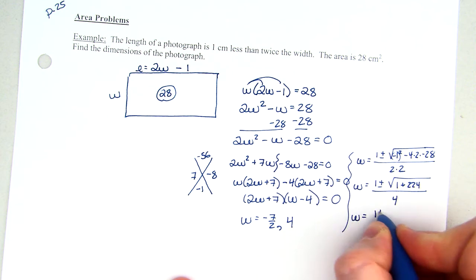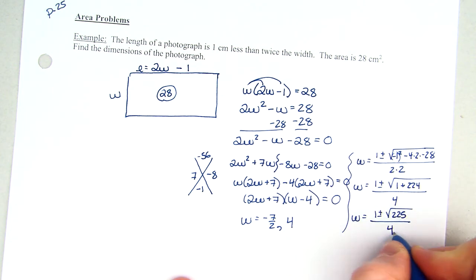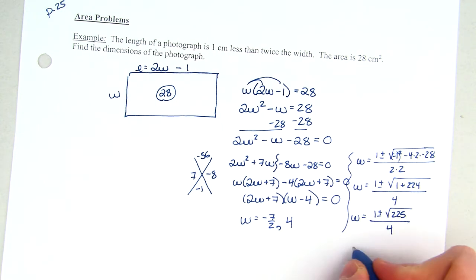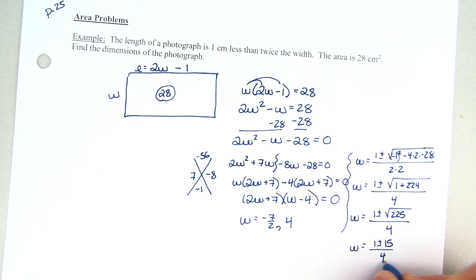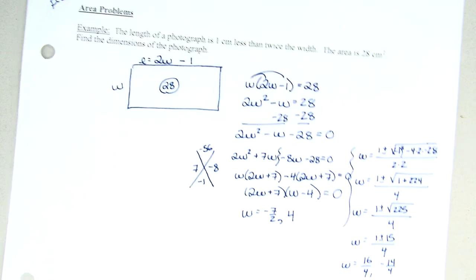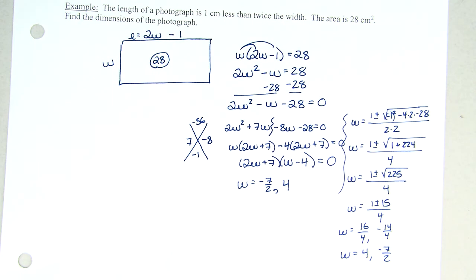W equals 1 plus or minus the square root of 225, over 4. 225 is a perfect square. The square root of that is 15. 1 plus or minus 15 over 4. We're going to get 16 over 4 and -14 over 4. W equals 4 or -7/2. Same answers.